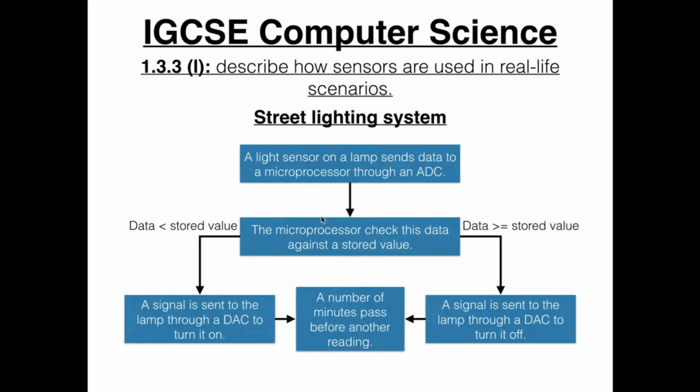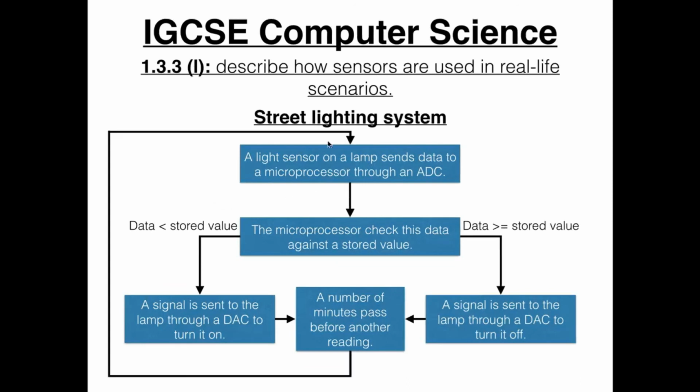So what the system can do is wait a few minutes before taking another reading, so that the light stays on or off, and then can continue. And this is, of course, a cycle, because it'll keep happening.